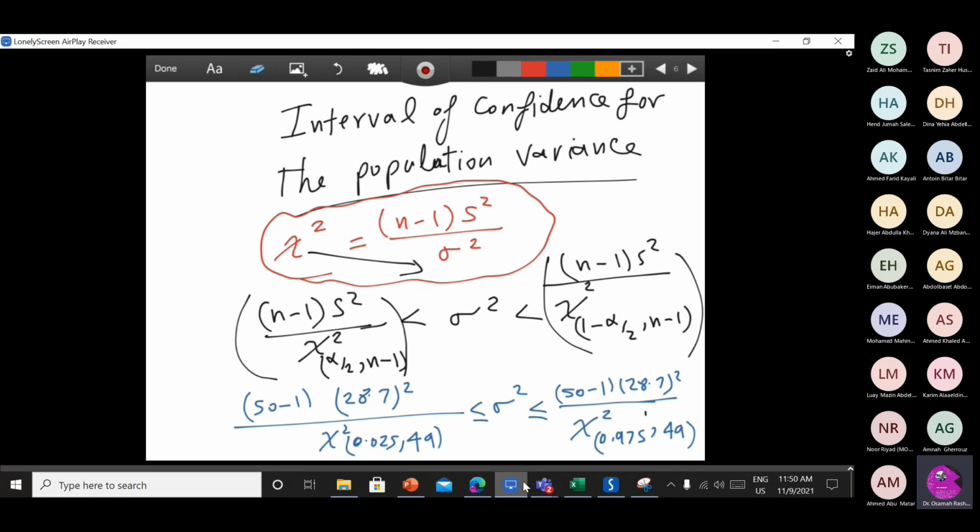What's left? This value of chi-square. How to find chi-square for 0.025 and degree of freedom 49?